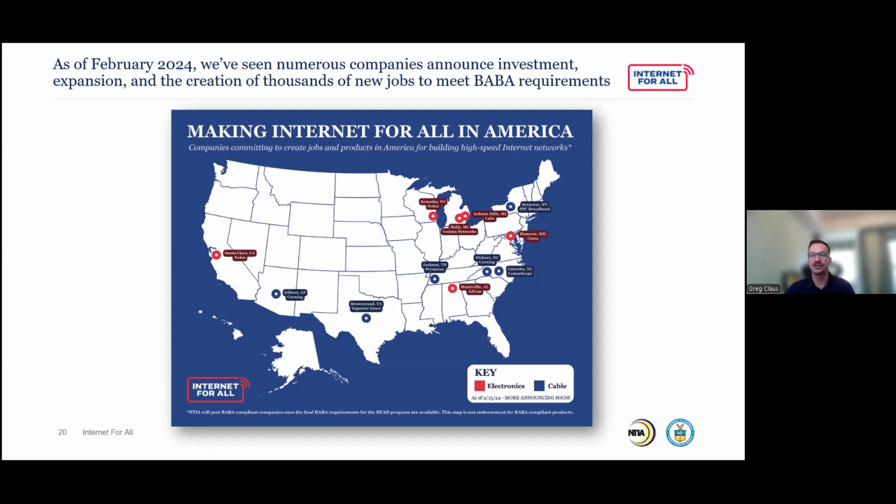This map shows all the different companies across the country that are manufacturing BABA compliant materials, as close to Nokia, which is right across the border, in Kenosha, all across the entire country, and not too far, Calix in Michigan, and across the way is more added. This is a map from February too, and then more have been added since then.